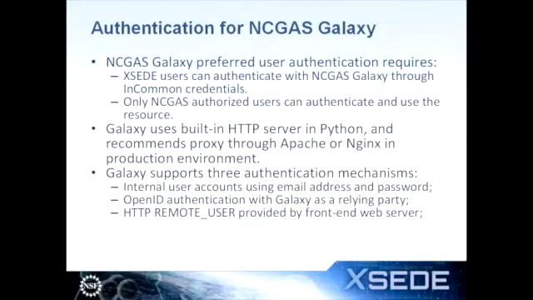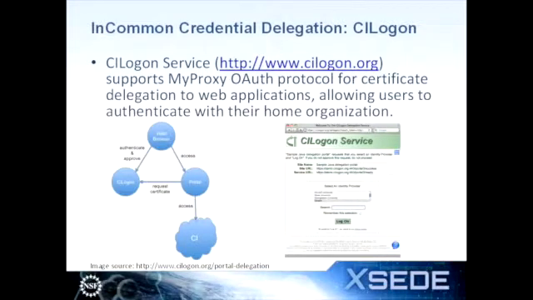Both are not allowed by NCGAS. So now we only have the third option left, which is to use a HTTP remote user variable provided by a front-end web server. So this is the authentication method we are going to use for the Galaxy, but we need some adaptation for the certificate delegation.